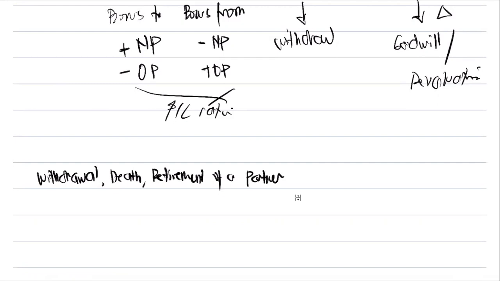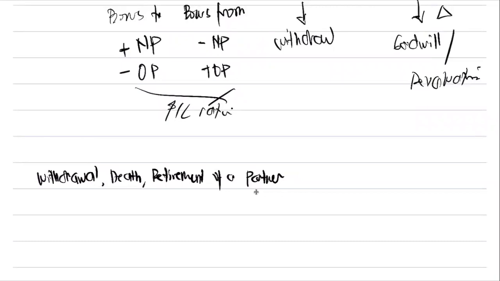Okay? Withdrawal, death, or retirement of a partner. So here, you will not terminate, but there will be a change of your partnership ownership because of the withdrawal, death, or retirement of a partner.